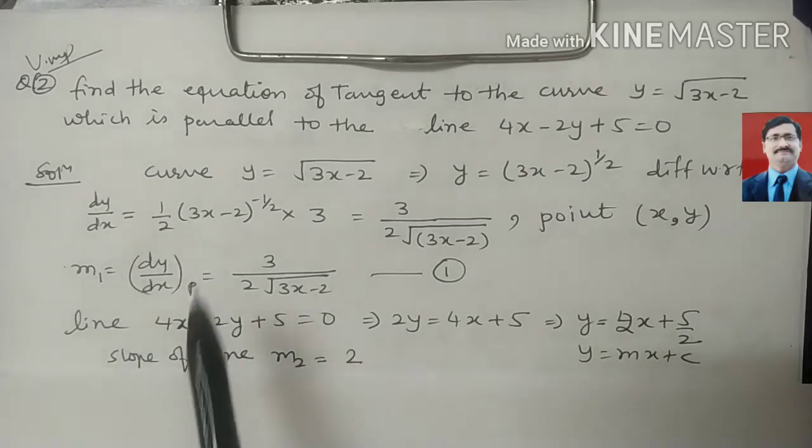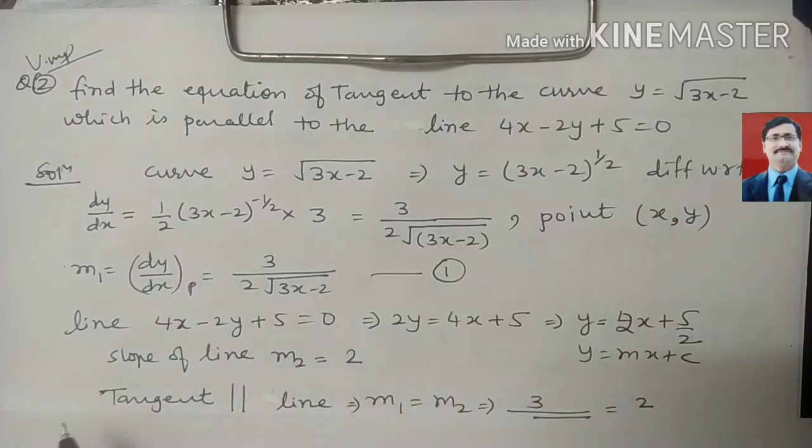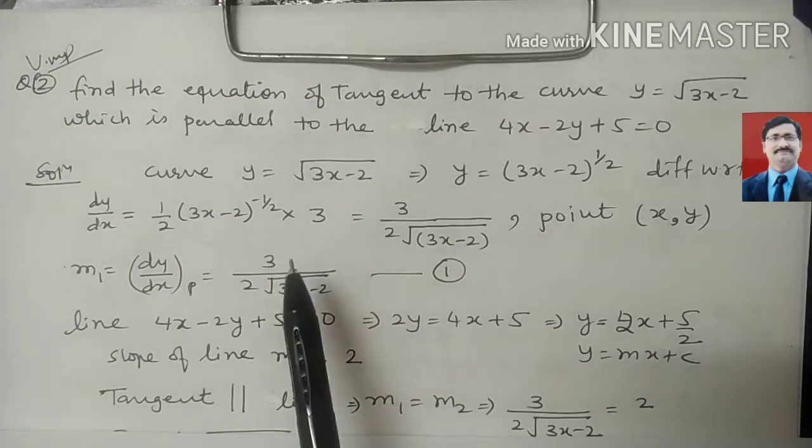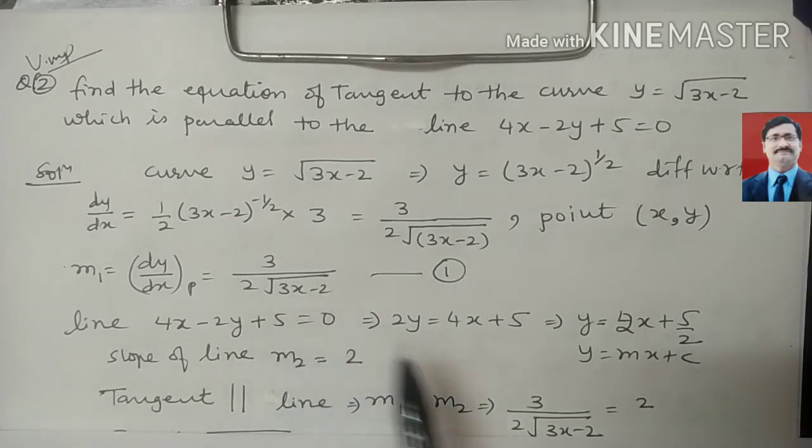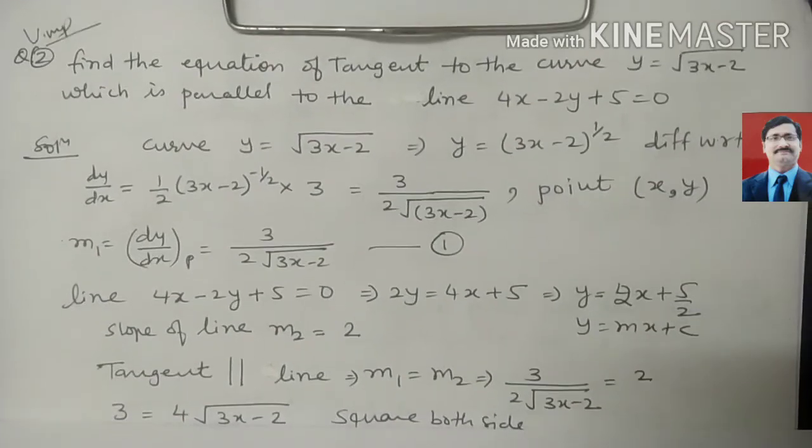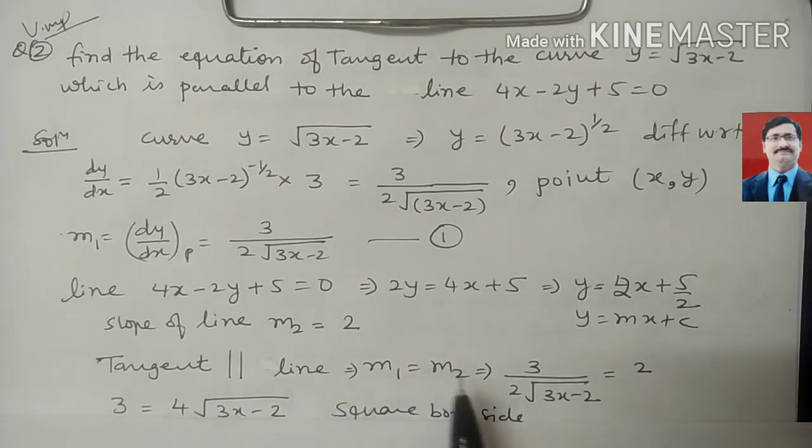Now in the question it is given that the tangent is parallel to the line, which means m1 and m2 are equal. m1 is 3 upon 2 root 3x minus 2, and m2 is 2. So these are equal, meaning the slope of the tangent will be 2 only. We cross multiply and get 3 equal to 4 root 3x minus 2.